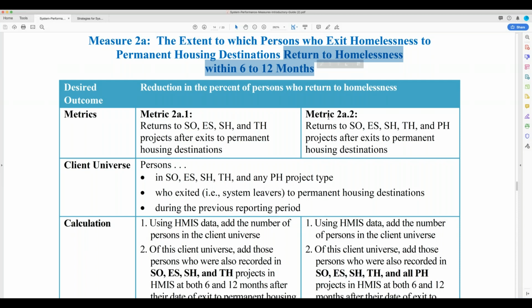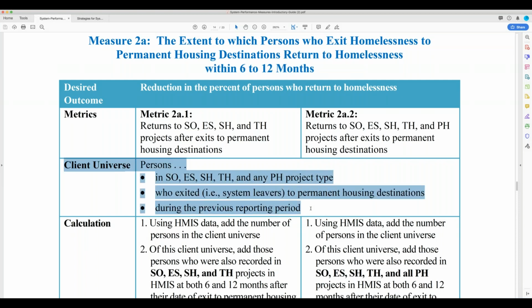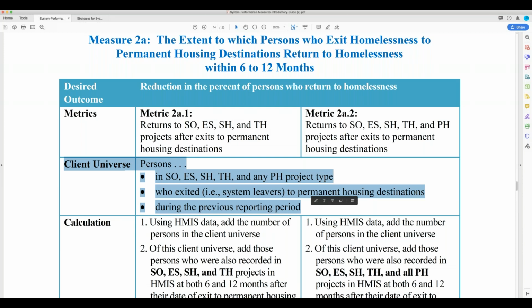However, the important thing for what we're discussing here is the client universe, in terms of who is impacting this measure, who's in our data set, who's in our HMIS. The universe for measuring returns to homelessness includes any person who is in street outreach, emergency shelter, safe haven, transitional, and permanent housing project types who exited to permanent housing destinations during the previous reporting period.